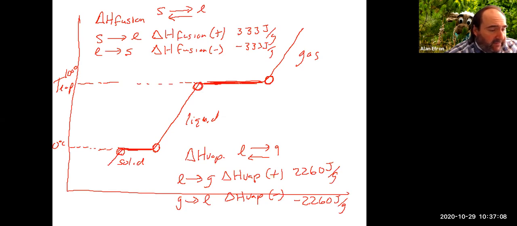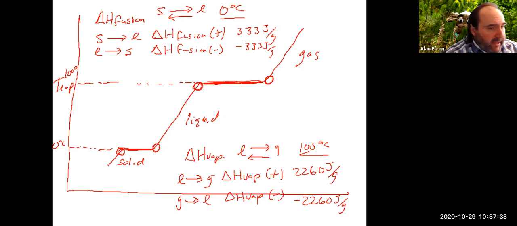And again, that's specific for water. If you're not dealing with water, you would have different values for delta H of vaporization and delta H of fusion, and the temperatures at which this occurs would also be different. For water, 0 degrees Celsius is the normal melting and freezing point, while 100 degrees Celsius is the normal boiling point.